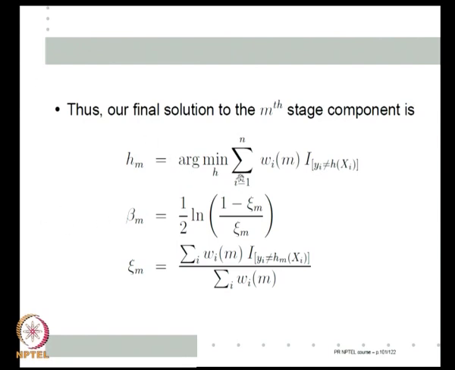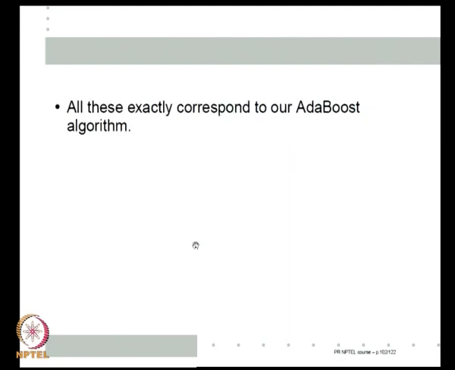You find hm that minimizes the weighted misclassification rate. Calculate the misclassification rate. If the Wm are normalized, then this is simply Jm, the summation of Wim times this, and then the weight itself is given by this. This is exactly what the algorithm is doing, as long as the Wim are normalized weights, and that is what we have shown now.